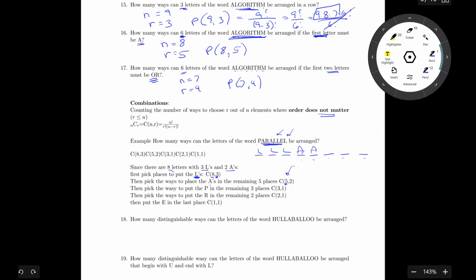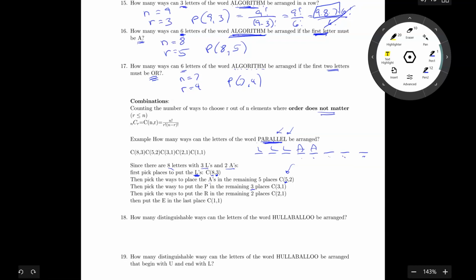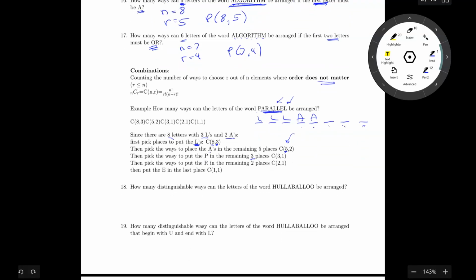So let's just say I put the A's here. Okay, so how many places do I have left? Just 3 places left. And now I'm going to put down the letter P, and then R, and then E. So those just have 1 each. All right. So I am going to let you do these 2.